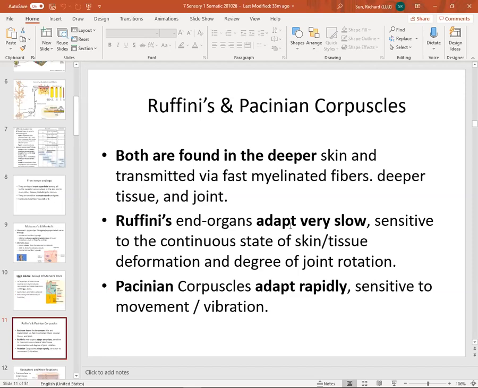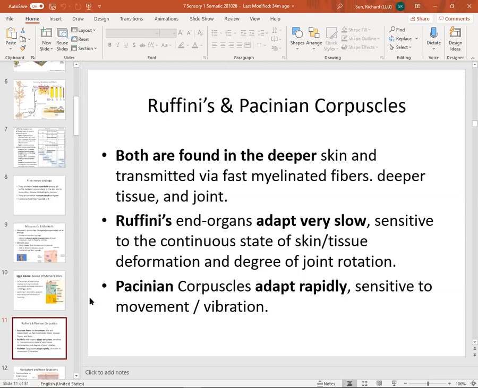The one adapt slow can detect the constant or continuous status of the pressure. So Ruffini are the ones that can detect the continuous pressure, and because they are deep in the skin, they can also feel the degree of the joint rotation. But the Pacinian adapt faster, can detect the movements and the vibration.